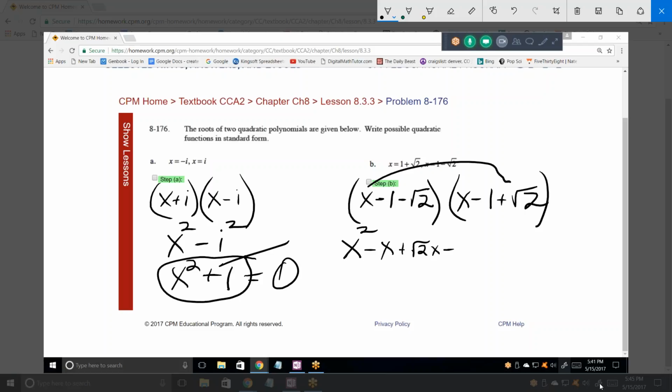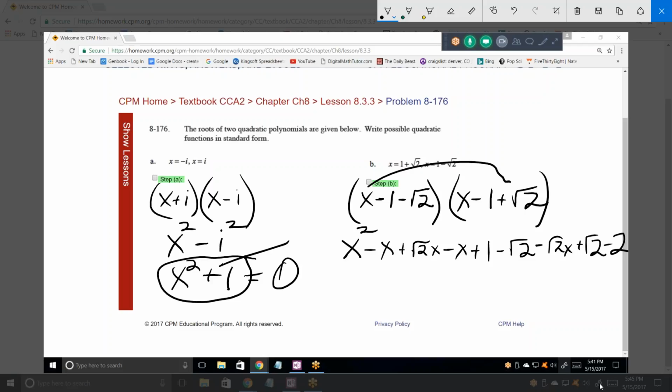Minus 1x, minus 2, or plus 2, plus 1, minus root 2, minus the root 2x. Plus root 2. Minus 2.